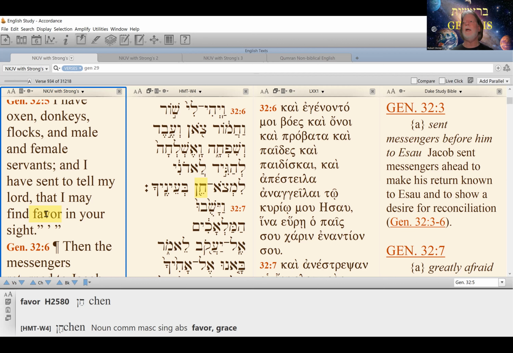So what would be a synonym for that? I think it could be that I find grace in your sight, favor in your sight. That I hope you will accept me, like you have no reason to accept me for nothing in your sight.